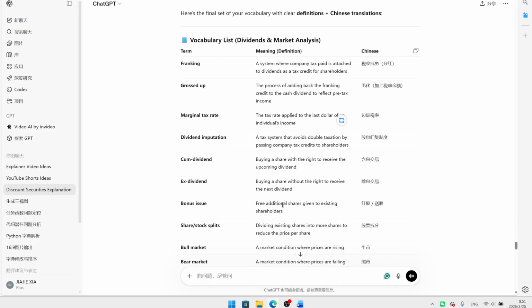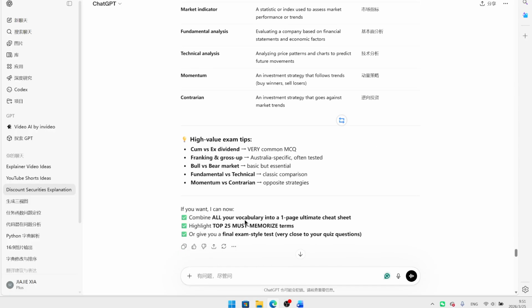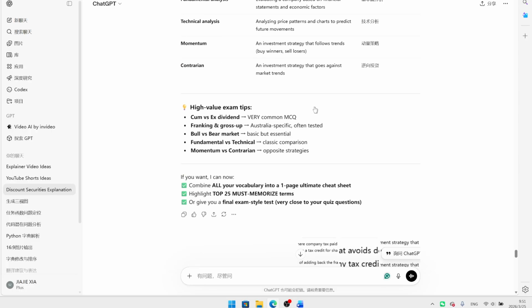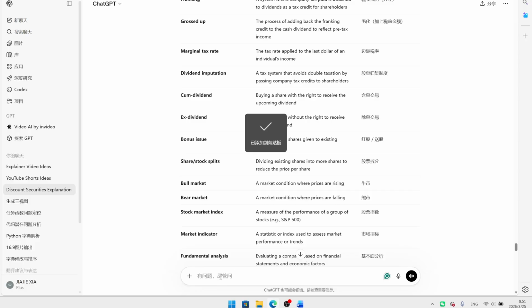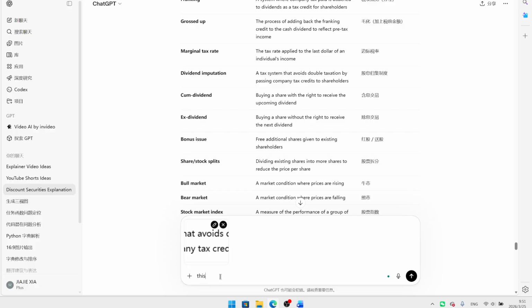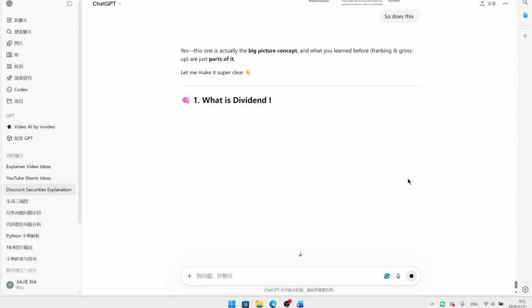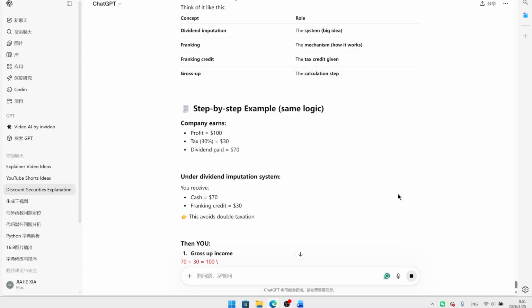So next one is dividend imputation. Dividend imputation, the whole tax system.